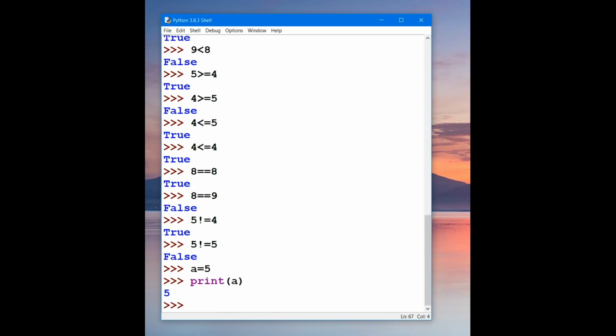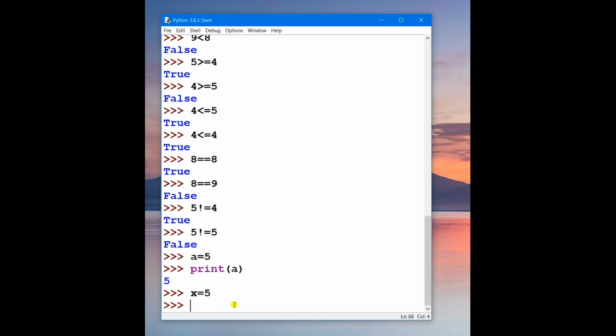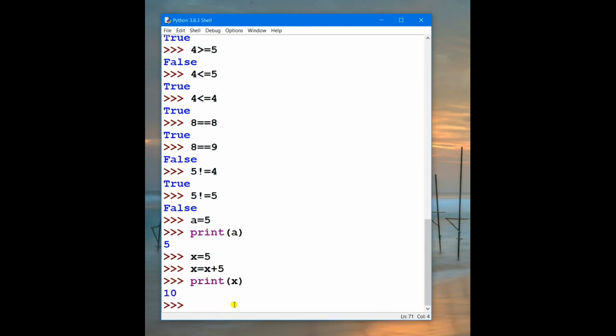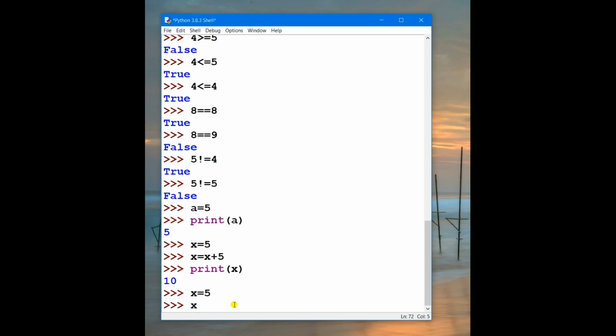Next is the add and assign operator. For the add and assign operator, x equals 5, then x equals x plus 5. Now if we print the x value, we get 10 because 5 plus 5 equals 10. We can do the same thing in a different way, which is x equals 5 and x plus equals 5.